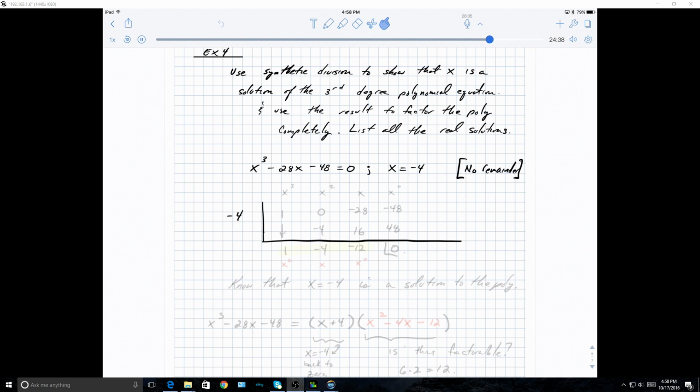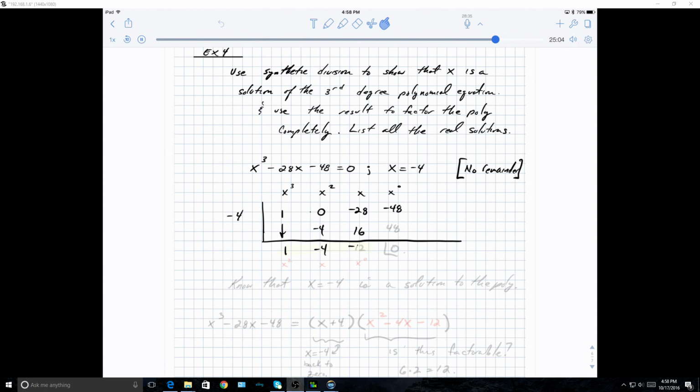So what we have here is, let me just make sure, x cubed, x squared, x, and x to the 0. And that looks like what we have is 1, 0, negative 28, and a negative 48. Bring the 1 down. That's a negative 4. That's a negative 4. That's 16.